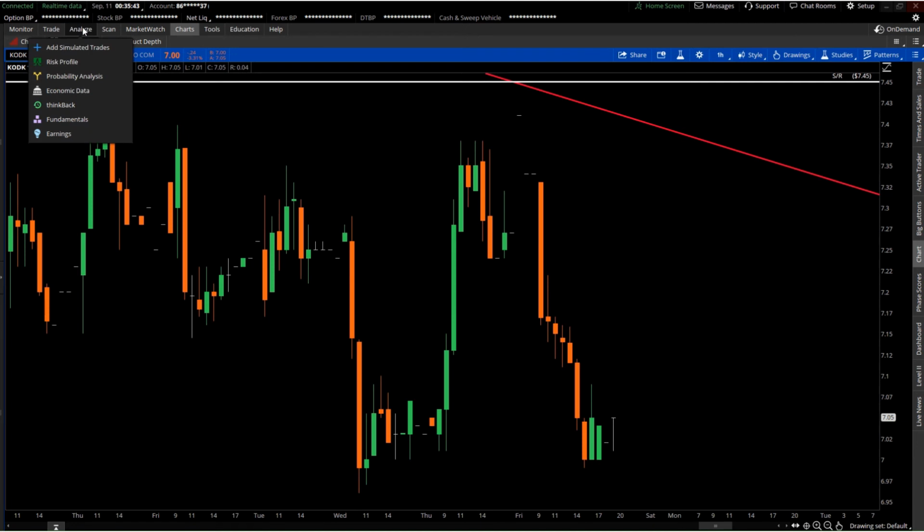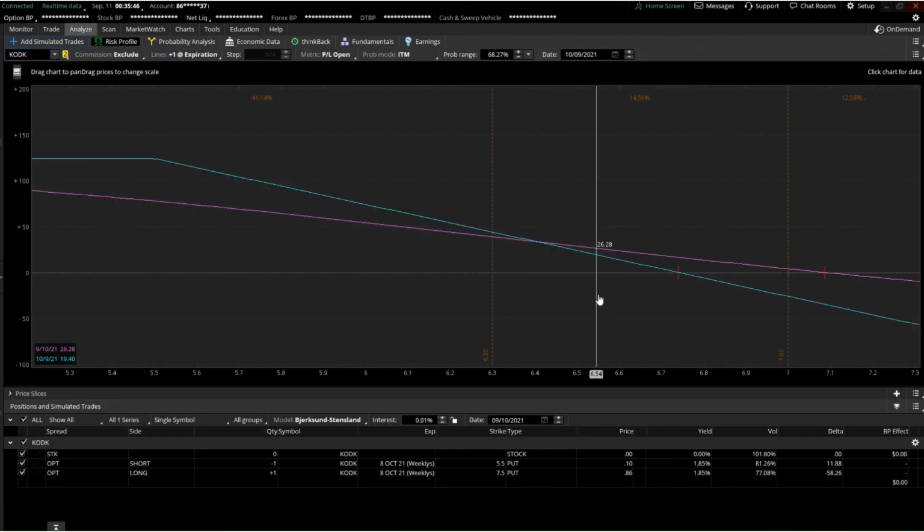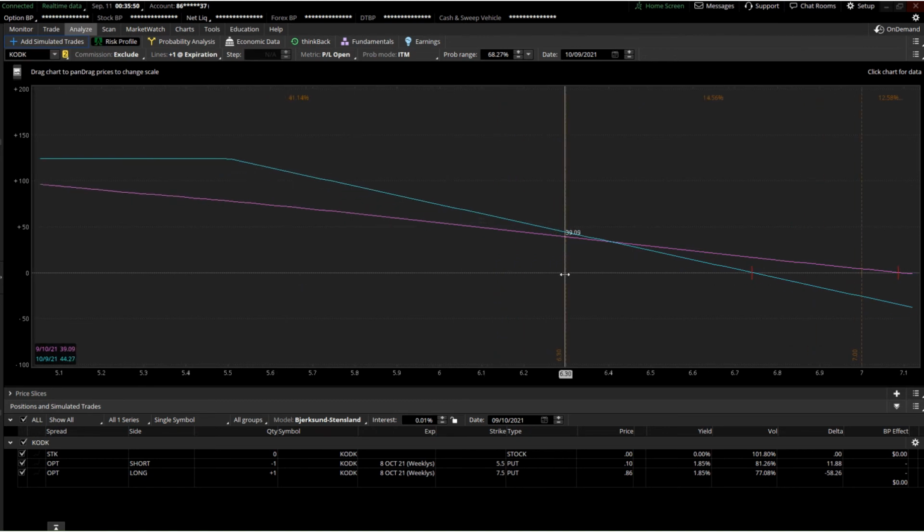Now, going back to the Analyze tab, I'm getting drowned out by a siren. I don't know if you could hear that. Right here is where price is right now. Price is at $7. This is my entry. As price keeps moving towards the downside, my profit will keep increasing.